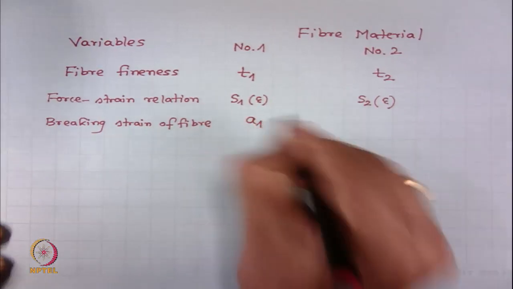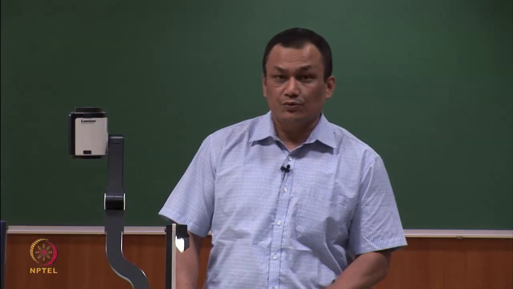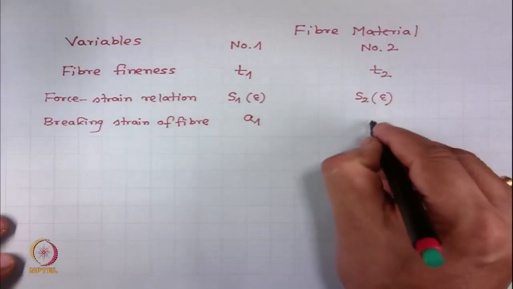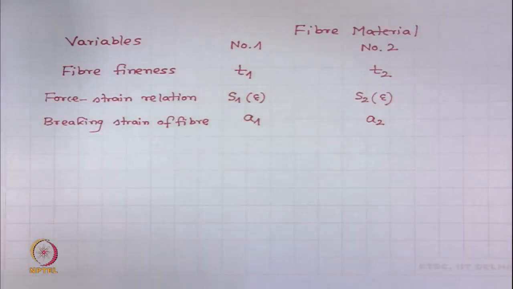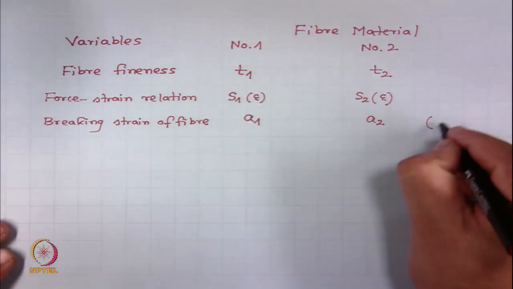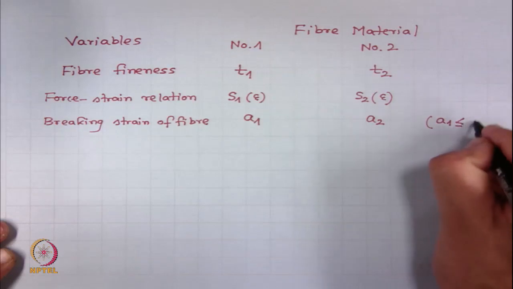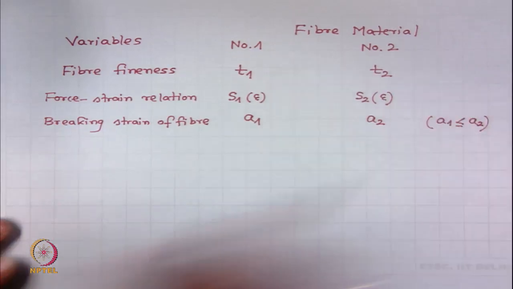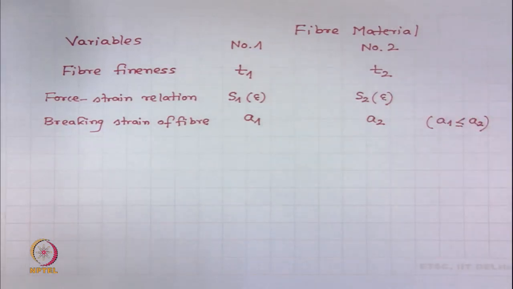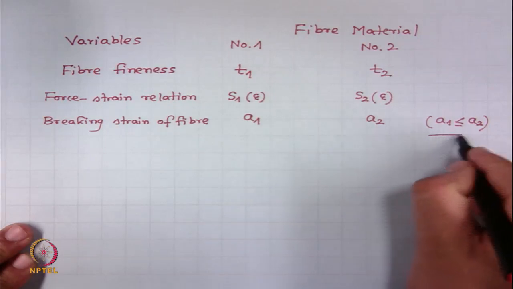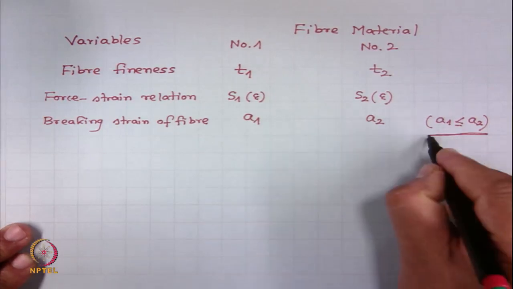Suppose this is A subscript 1 and this is A subscript 2. These two will be different. So, A subscript 1 can be less than or equal to A subscript 2. This is a very important consideration here.